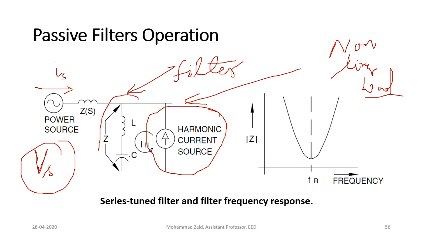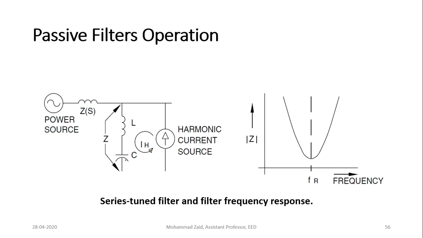Now focus on this component, which is a C component. Suppose L is not connected, and only C is connected. If only C is connected, that means it is only for voltage stability, which we have already seen in the case of the induction furnace.